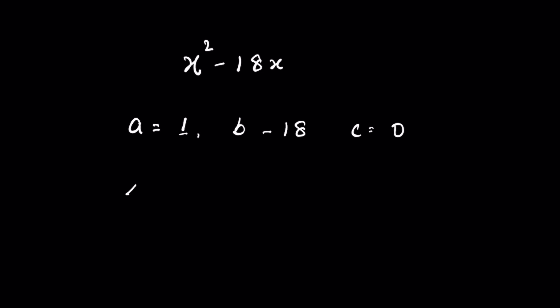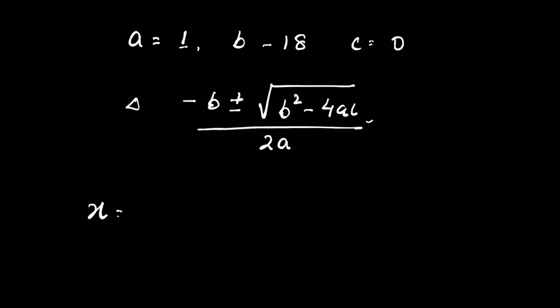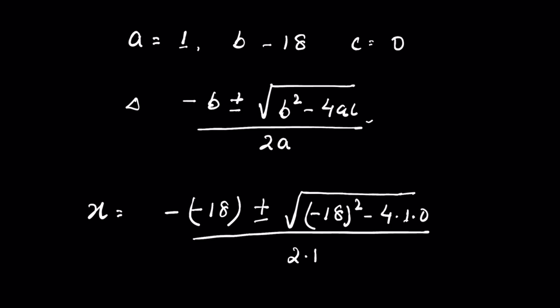Discriminant formula is x equals minus b plus minus square root of b squared minus 4ac, upon 2a. So x is equal to minus b, it means minus of minus 18, plus minus square root of 18 square minus 4 times 1 times 0, upon 2 times 1.